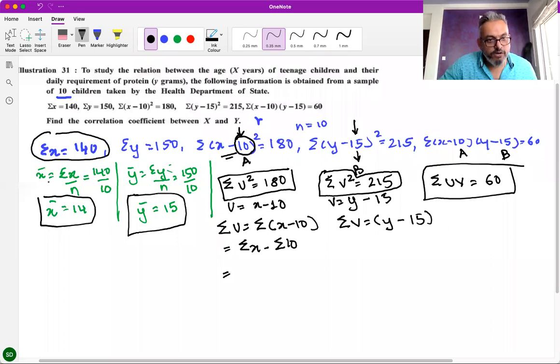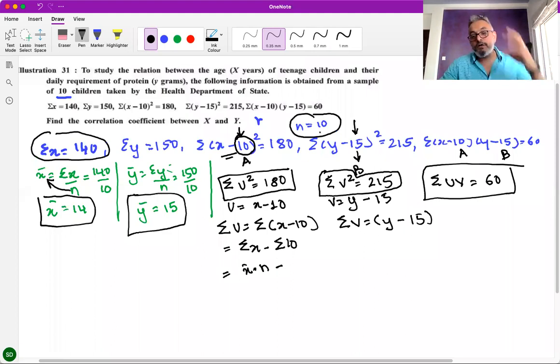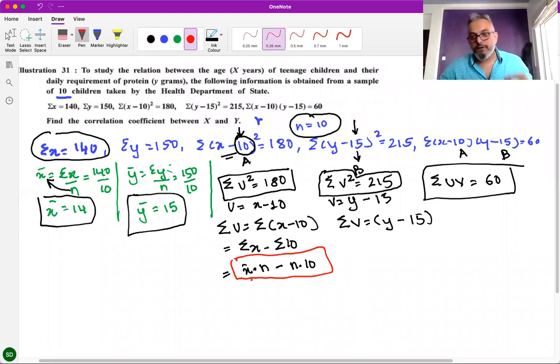So sigma x is equal to x bar into n. So we would take x bar into n minus sigma 10 means what? 10 times we deducted, n is equal to 10. So 10 times we deducted 10 from each observation. So n into 10. This is an important step. Important. Now if you do x bar into n minus directly 10, your answer will go wrong. So please be careful. Now, which is equal to x bar, yeah?